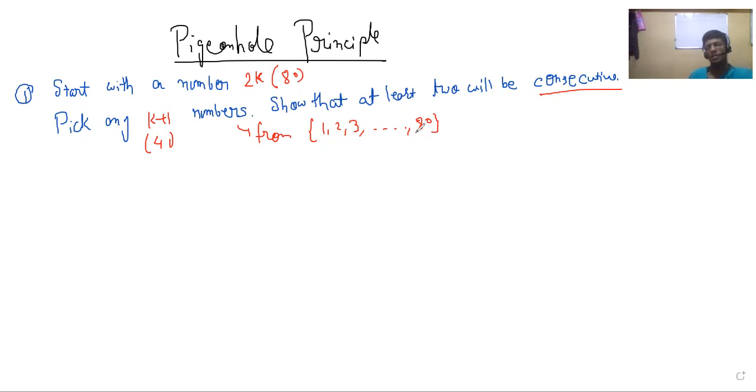Let's do this first. We're picking 41 numbers from 1 to 80. So 80 numbers, and they are 1 to 80, not any 80 numbers.